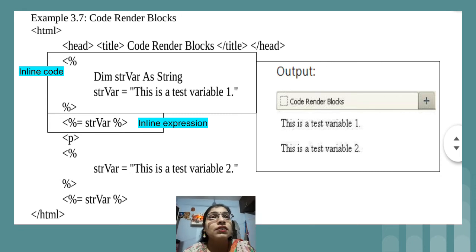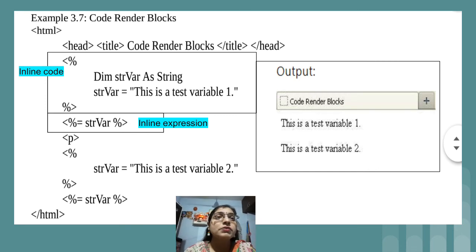Now here the concept is Dim strvar As String. Normally what we do is string strvar, this is our way of variable declaration, but while writing the code inside the code render block, this is a pattern taken from the VB language, Visual Basic.